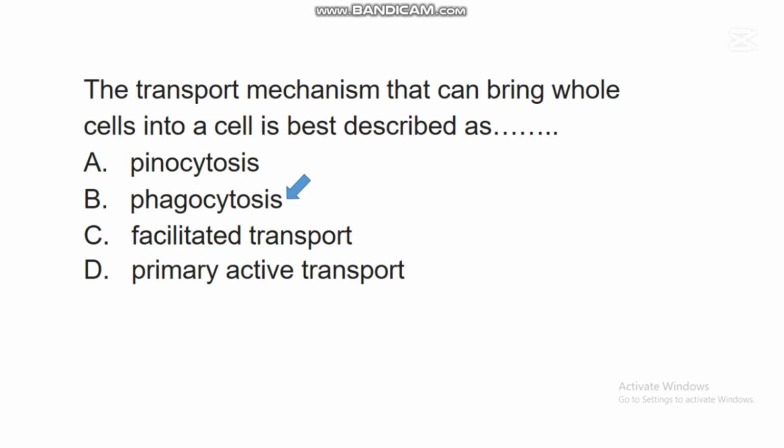So the transport mechanism that can bring whole cells into a cell is best described as phagocytosis, in the sense that the white blood cell can capture the cell of a bacterium, it can capture the cell of a fungus, it can capture other microbial cells and digest them.